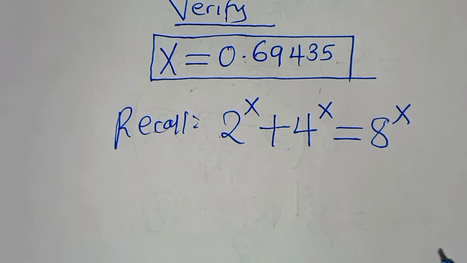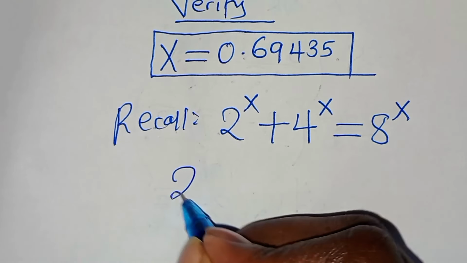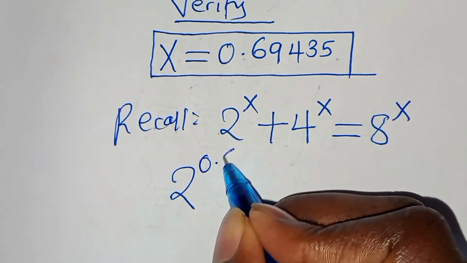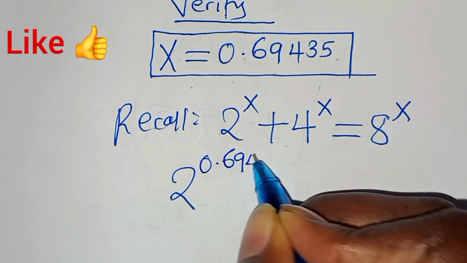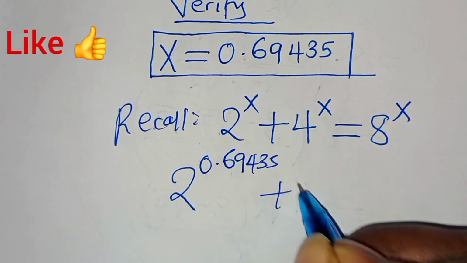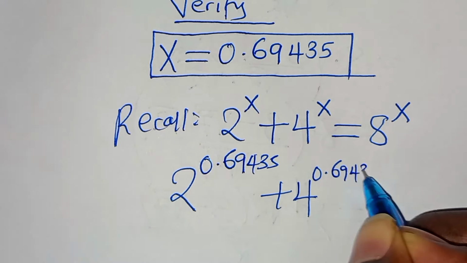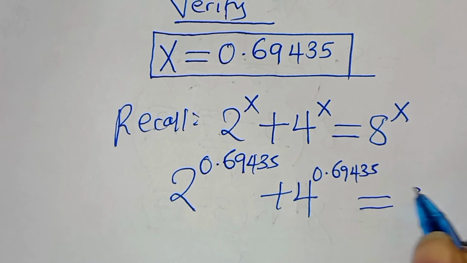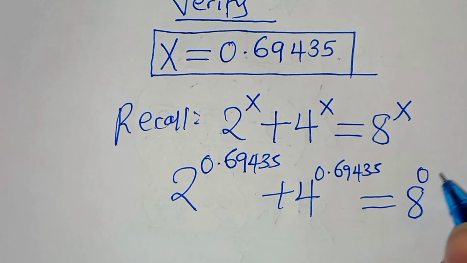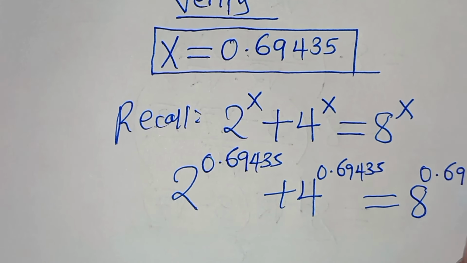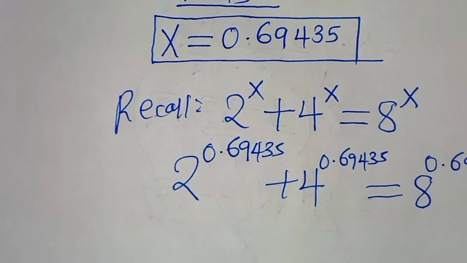Substituting x here, we have 2 to the power of 0.69435, then plus 4 to the power of 0.69435, equal to 8 to the power of 0.69435.